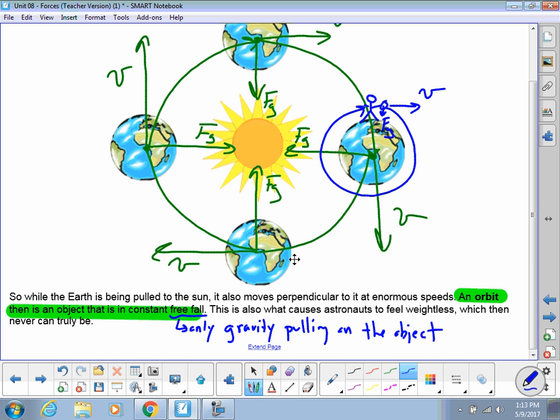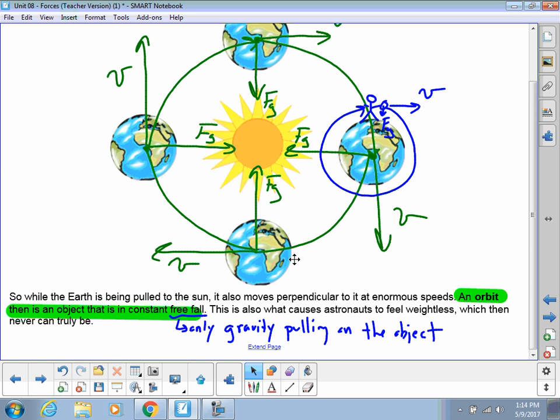And this is what causes astronauts to feel weightless. Okay, so when you have the International Space Station and you see video of people bouncing around up there, quote unquote weightless, it's because the International Space Station is in constant free fall. It's orbiting the Earth. So the people inside the space station, like the space station, are always falling, always getting pulled towards the Earth, but they're moving sideways with really high velocity, so they never crash into the ground.